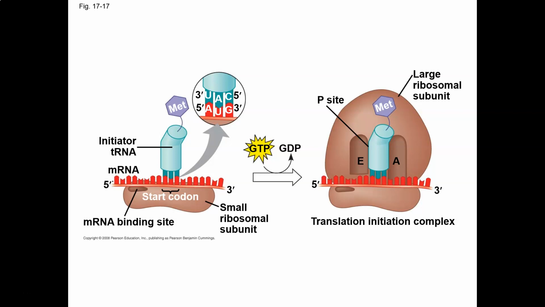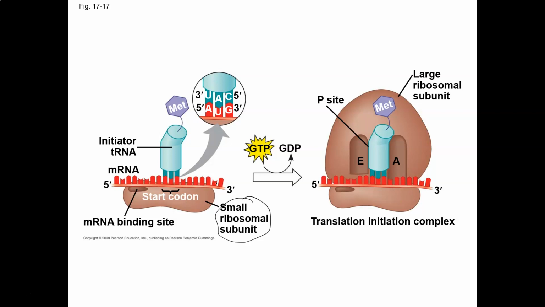It comes out of the nucleus in a eukaryote and attaches to the small ribosomal subunit. Ribosomes have a big and a small subunit, and initially they're not together. So really the messenger RNA is initially binding to just the small subunit.